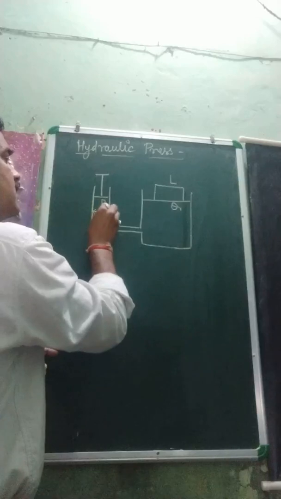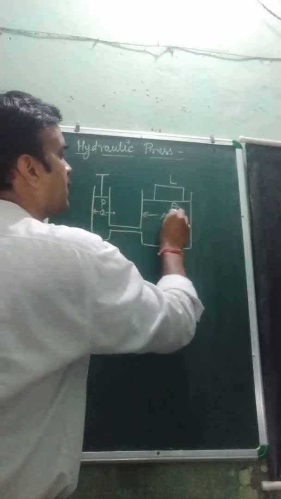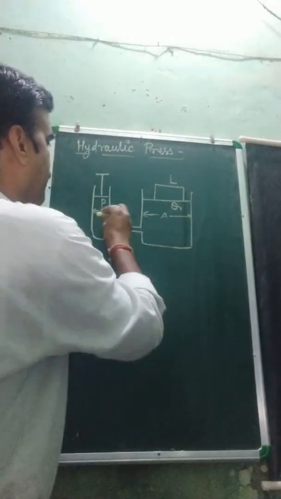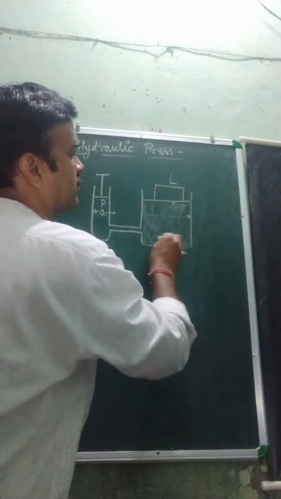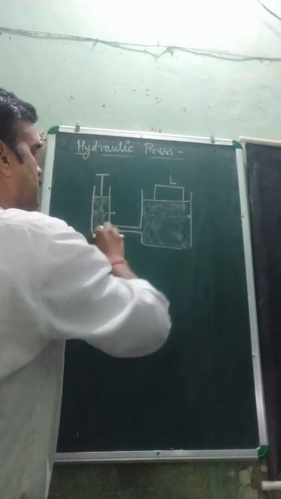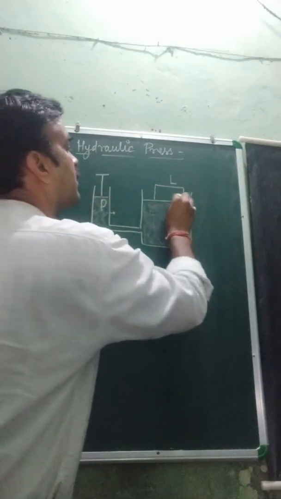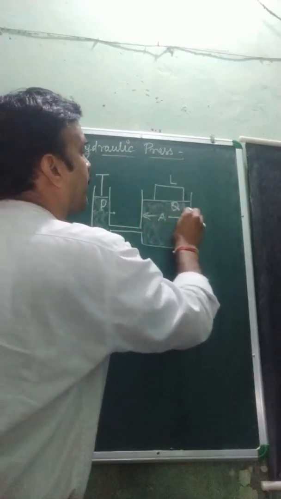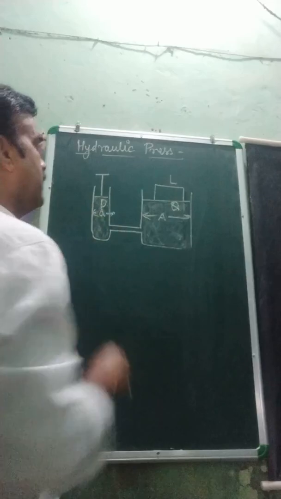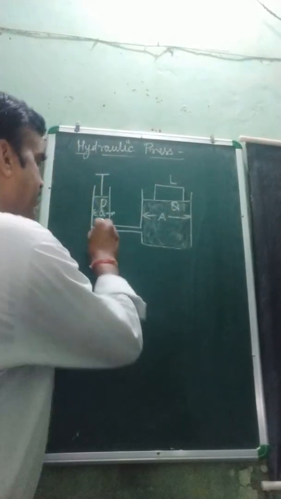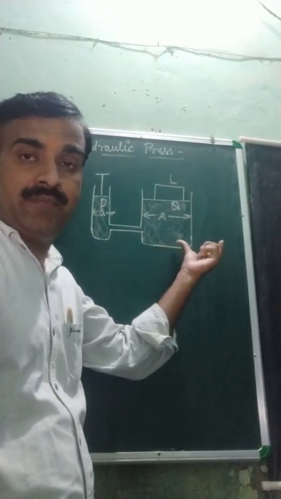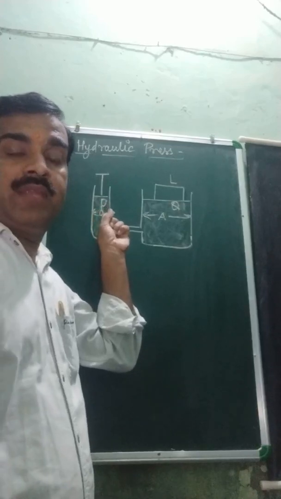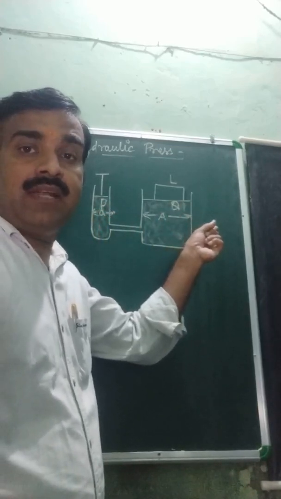This area is small a and this area is capital A. Water is filled in them. The smaller cylinder I have supposed to be P and the bigger one Q.